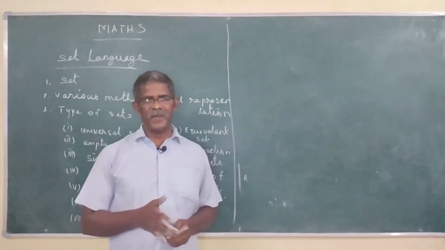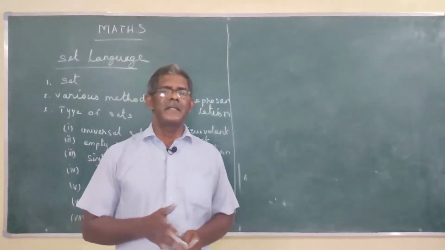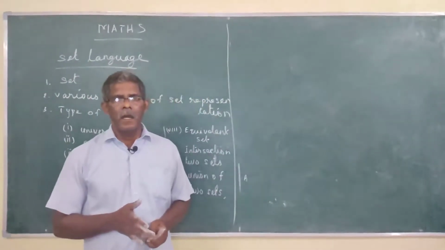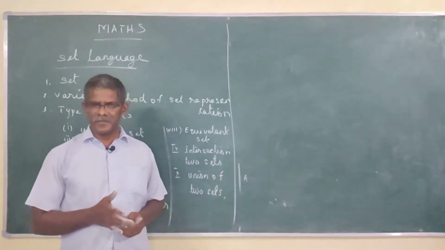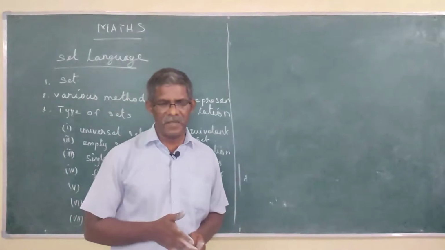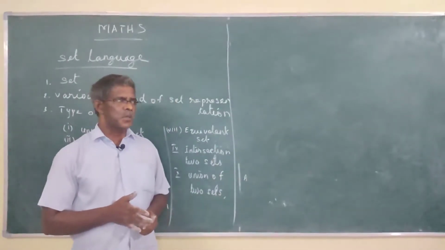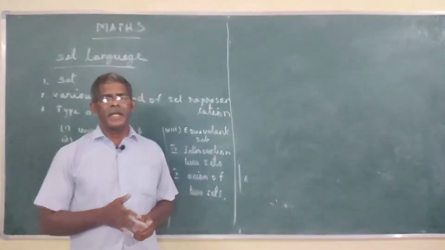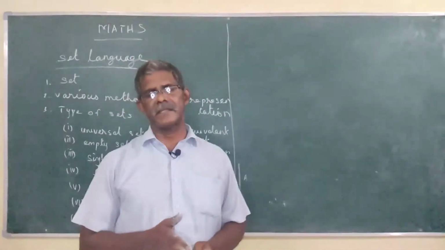One more example for well defined: the set of all students who are wearing a ring on their finger. It is also well defined. Or students who are scoring more than 90 marks in mathematics.